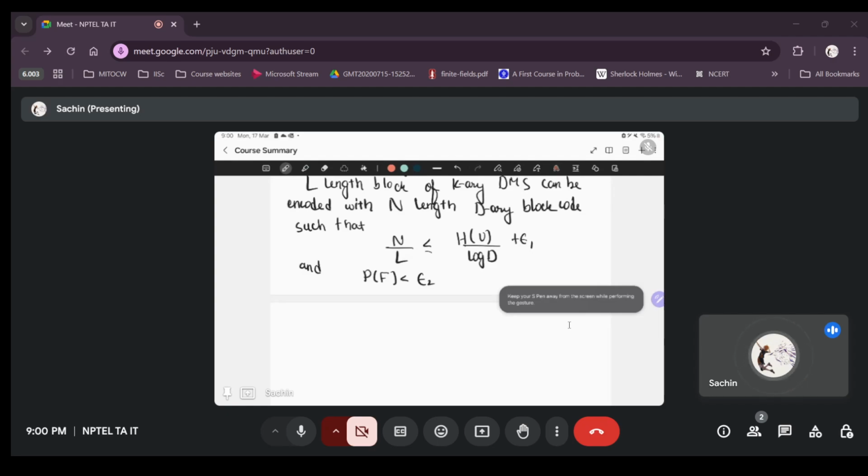So to keep the average probability of error low, you will have to increase N over L. So you cannot arbitrarily decrease the rate N over L.